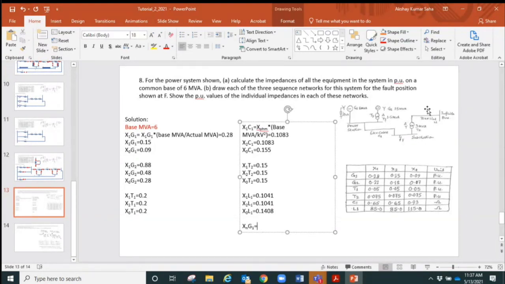My mouse pointer is above the line where it is written 70 kV or 7 kV. Did you find it? Okay, thank you.